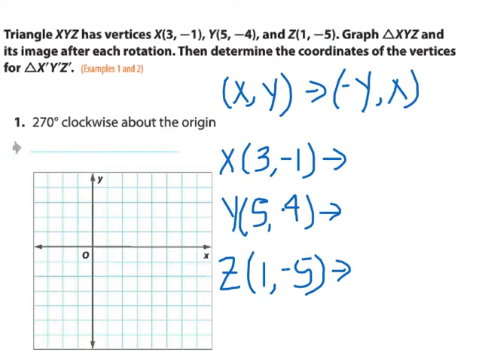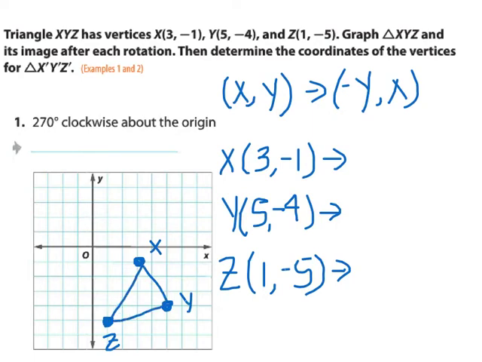Go ahead and graph that: 3, -1; 4, 5; -4, 5; 1, 2, 4; and then 1, -5; Z, X, and Y.